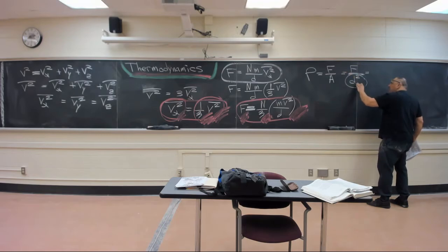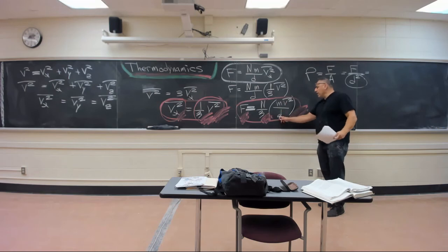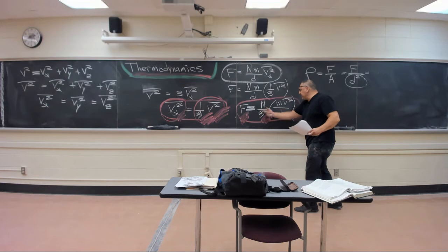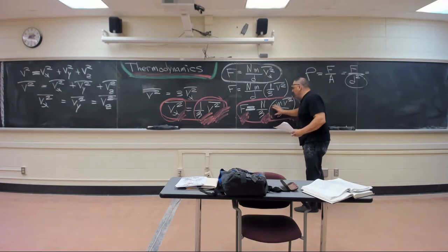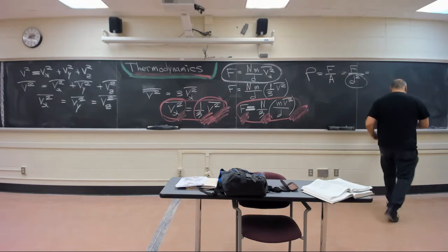That's D squared on the bottom. Take all this and divide it by D squared. F over A, all of this divided by D squared. Times D is D to the third. So basically that's where they're getting that.